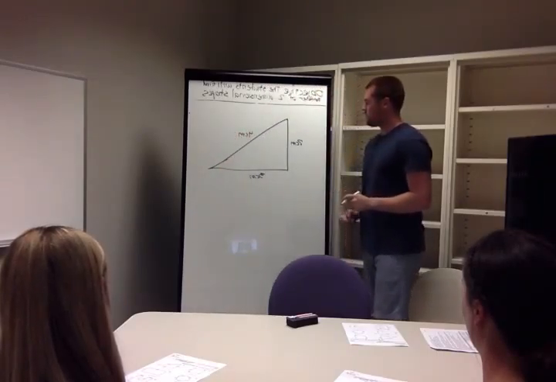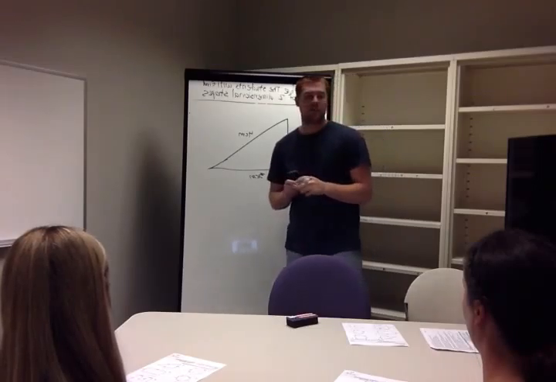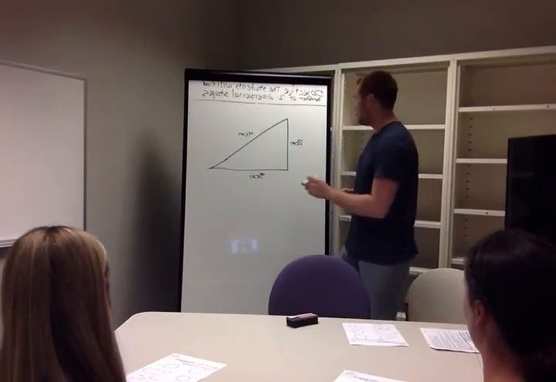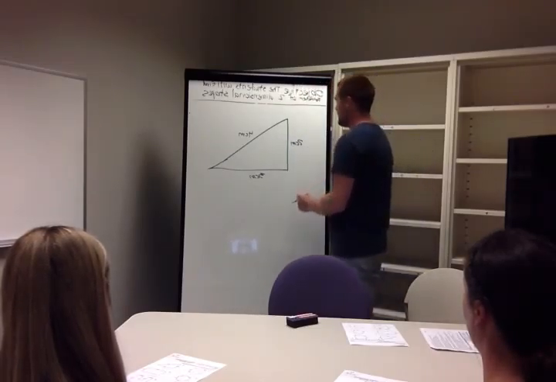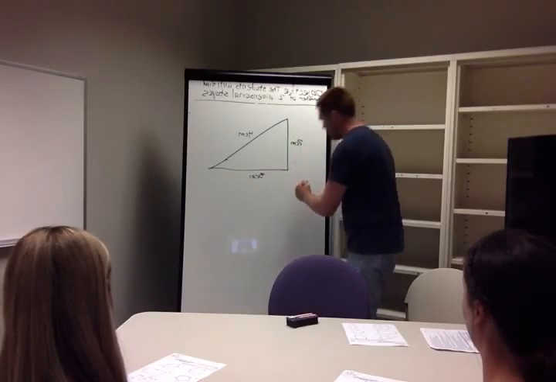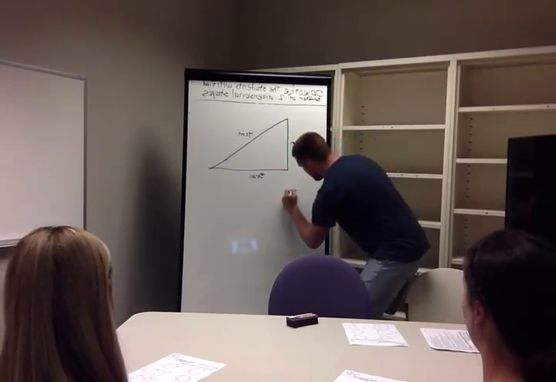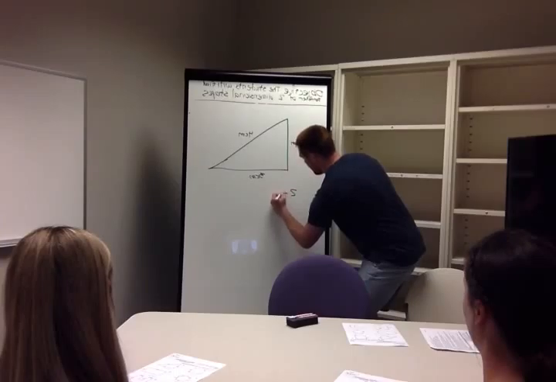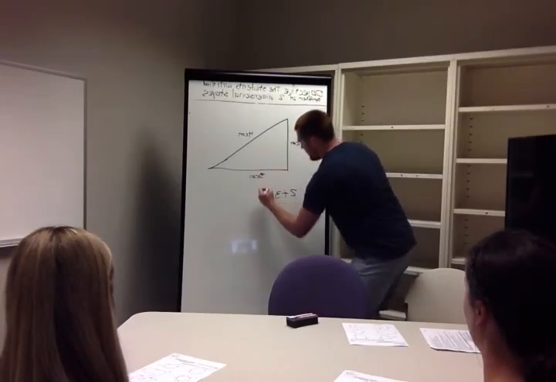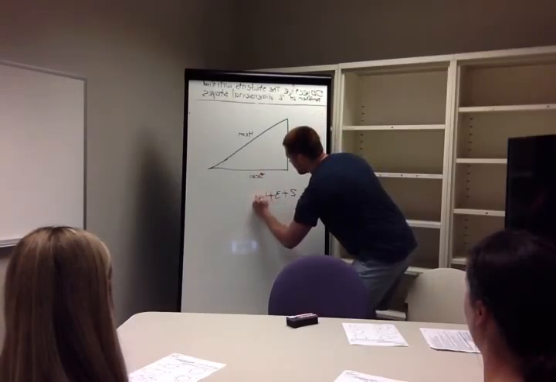Okay. So for this shape, again, we're using the same exact math. So first, we would find one side, which is 2 centimeters, plus another side, which is 3, plus 4.